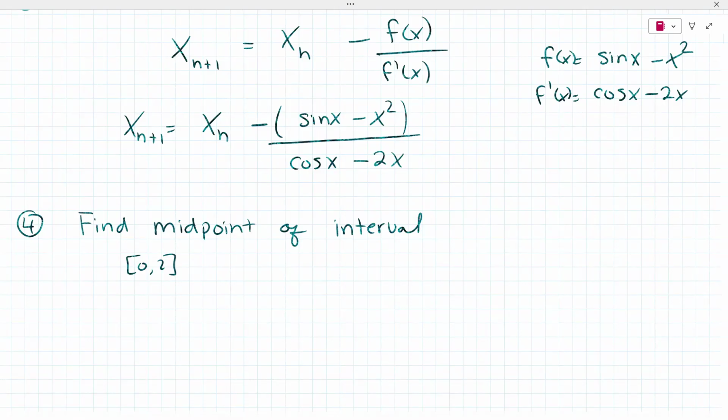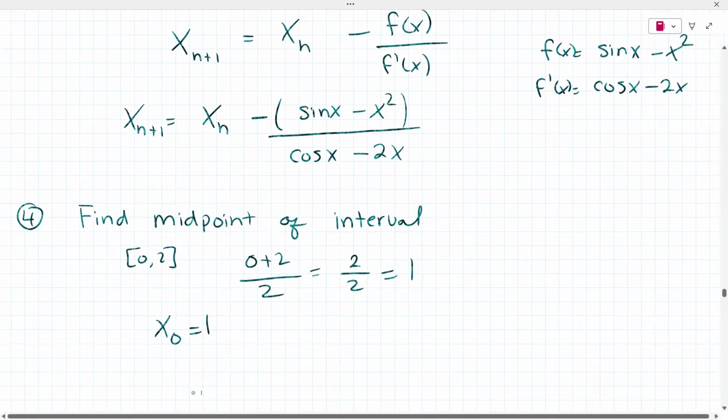It's just the average between 0 and 2. So it's 0 plus 2 over 2, which is 2 over 2, which is 1. So my x naught is 1.